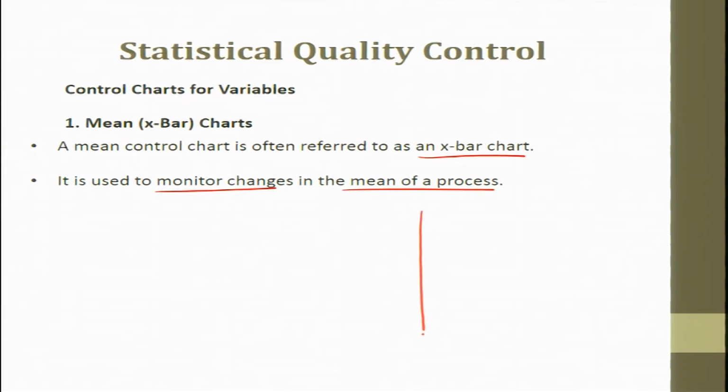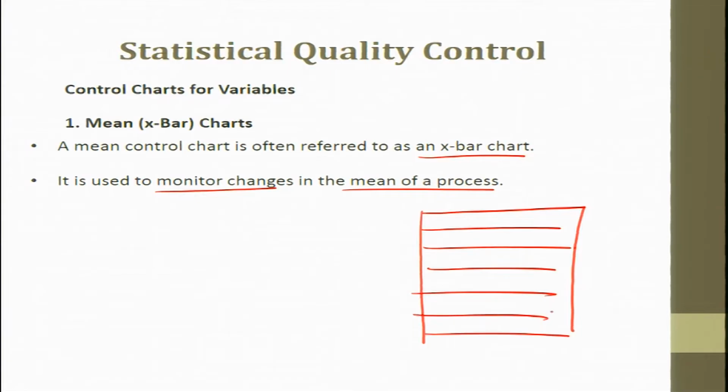So, what we do here, we will have data something like this. This is the sample size, and let me say this is 1, 2, 3, 4, 5 units per sample, and this is the number of samples.